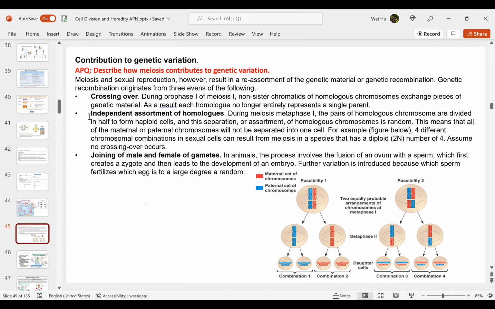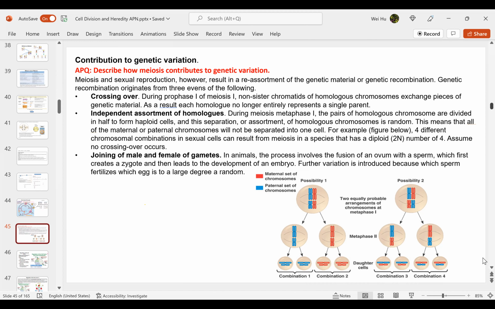So someone confused with number 2. So let's talk about this number 2, okay? Independent assortment of homologs. So look at this one. So let's start with you have 4 chromosomes. You only have 2 pairs chromosomes. So then you can have these 4 different combinations when you finish meiosis 1, because you can have 2 from your dad and 2 from your mom, and 1 is from your mom, the small one, the big one is from your dad. Or you can have a big one from your mom, the second one from your dad.